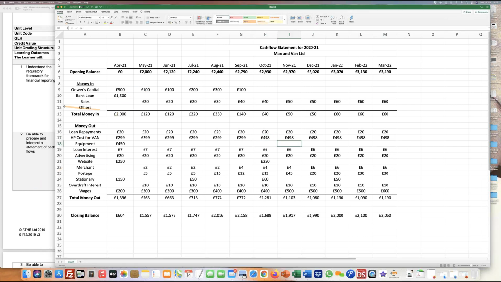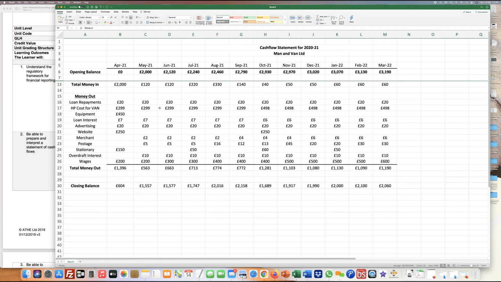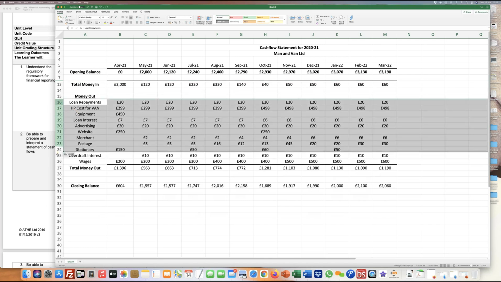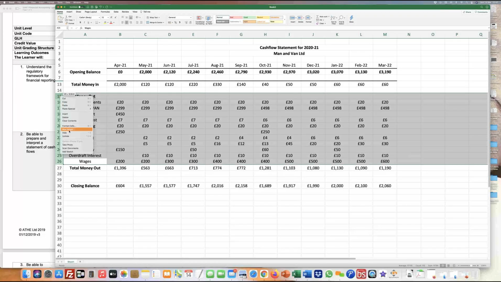Now, from a point of view of money coming into the business, this would give me some idea of what is the money coming in, and I can look at money going out from the business because of various activities.